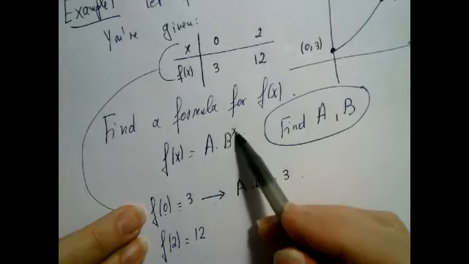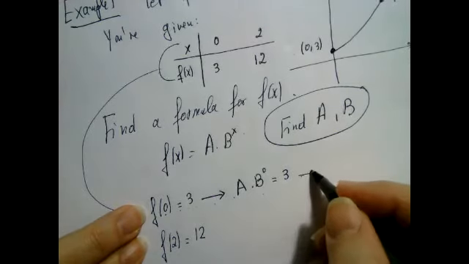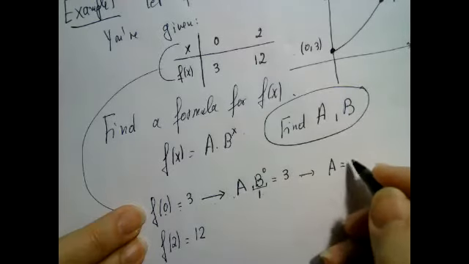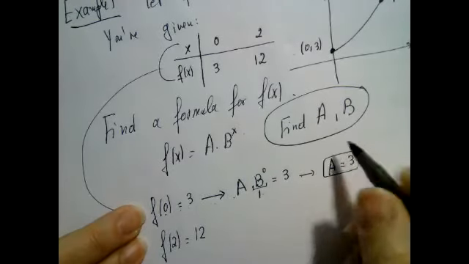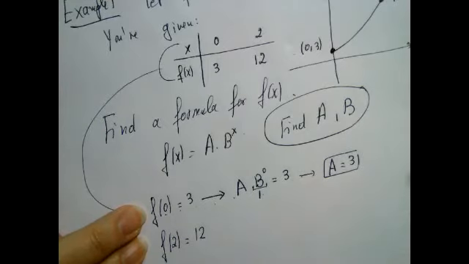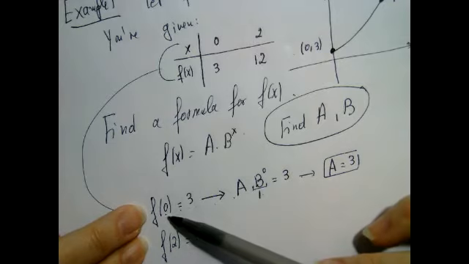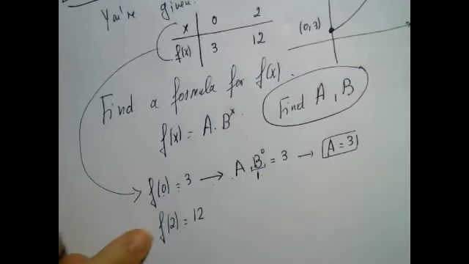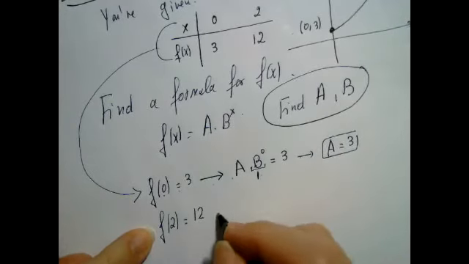Now b to the 0 is 1. This gives me a equal to 3. So I was able to find my a. Because I'm given the initial value, I pick up my a immediately. Now I'm going to use the second one to find b.